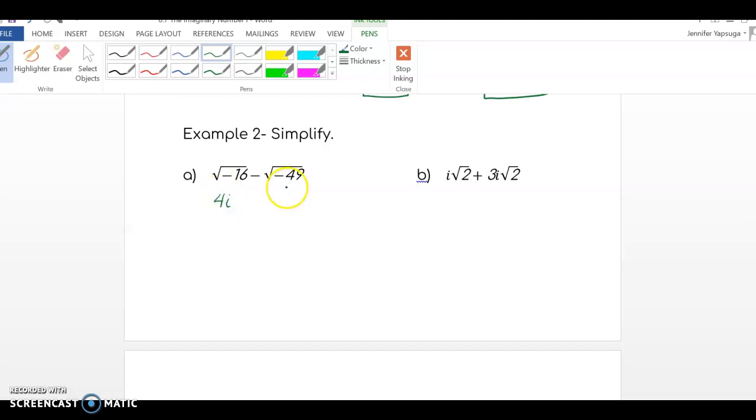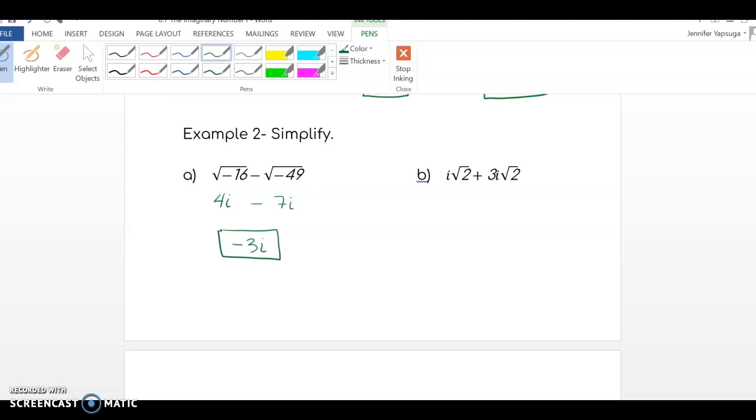And then the square root of negative 49, I can change that right into 7i. And I am subtracting the two. So if I have 4i minus 7i, I get an answer of negative 3i.